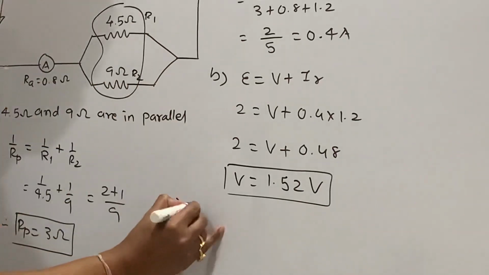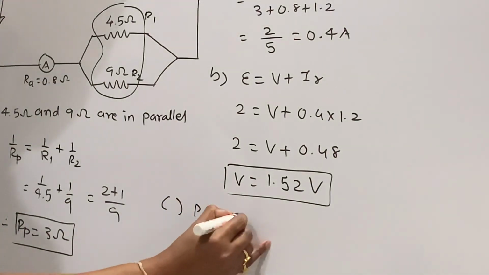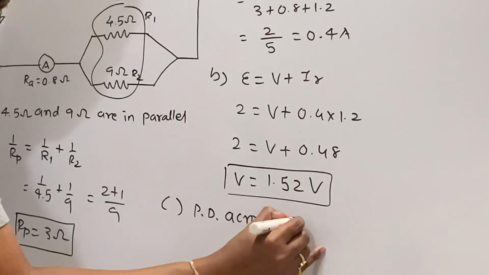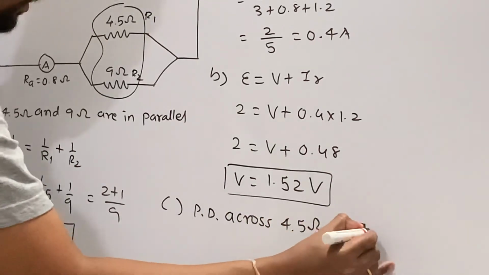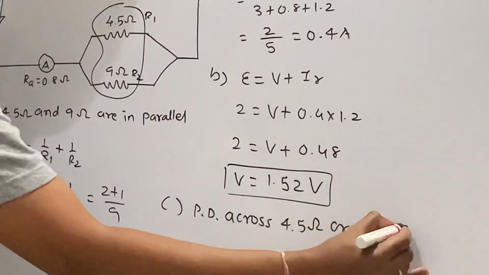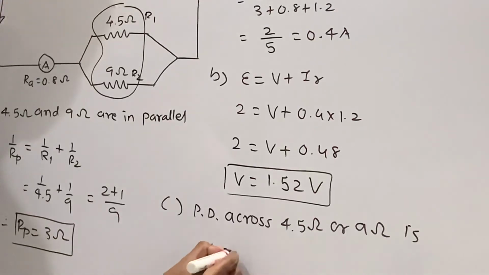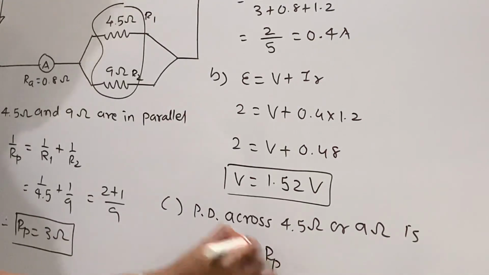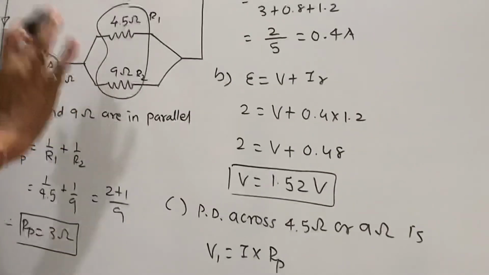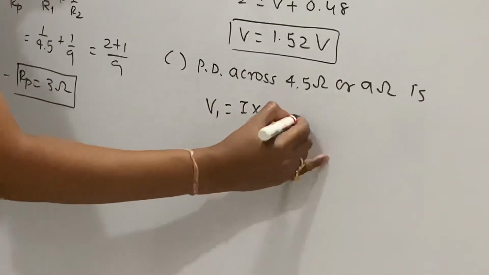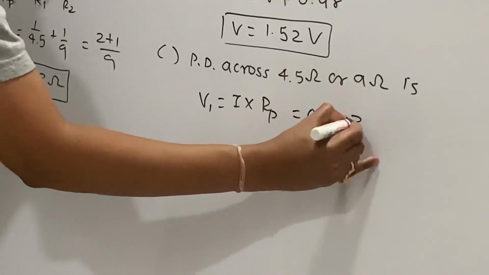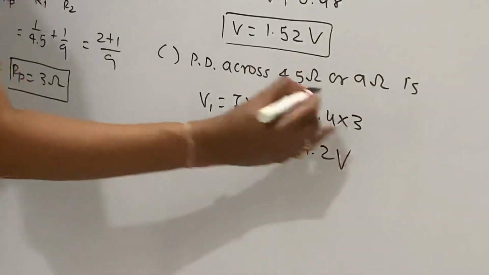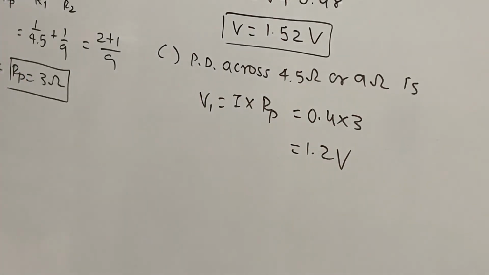Potential difference across 4.5 ohm or 9 ohm is V1 is equal to I into Rp. The value will be the same for both, whether you take 4.5 or 9. So that is 0.4 into 3, which is 1.2 volt, right? This is a very important part.